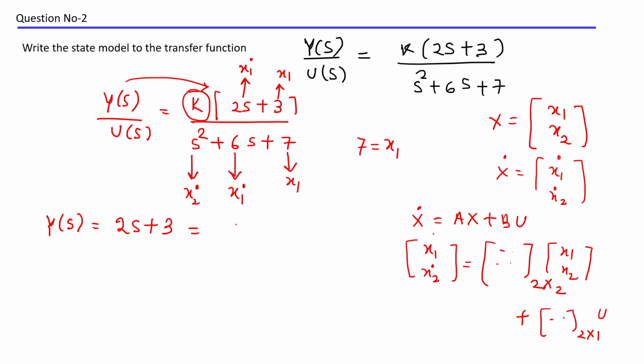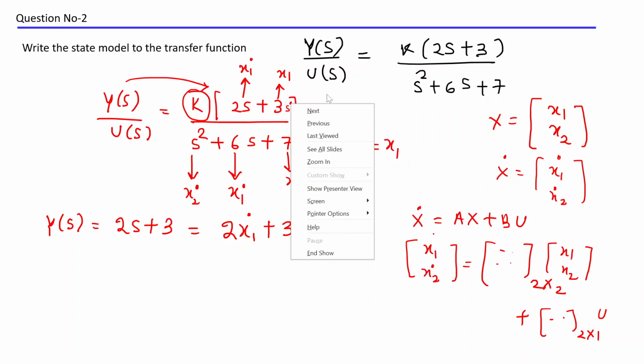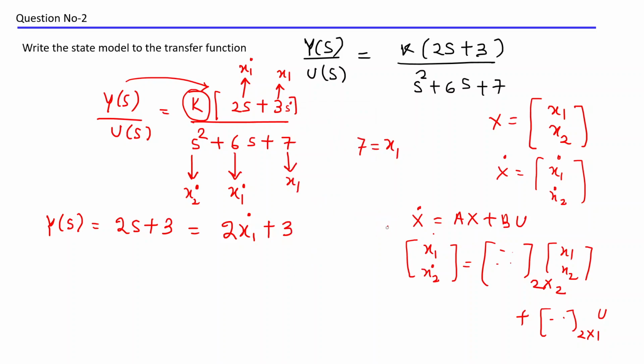Now 2s plus 3 can be represented by 2, and s is replaced by x1 star. Similarly 3, and the coefficient is s to the power 0, which is 1, so 3x1. You just try to understand how I have written this.